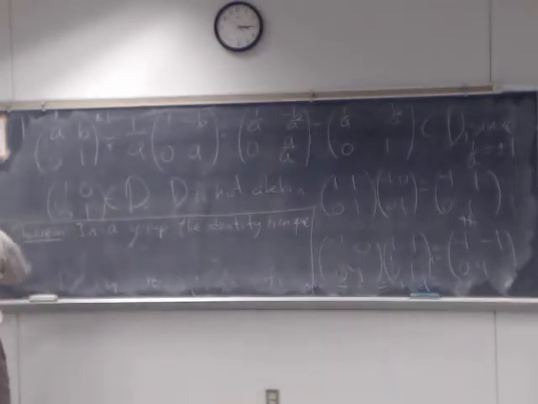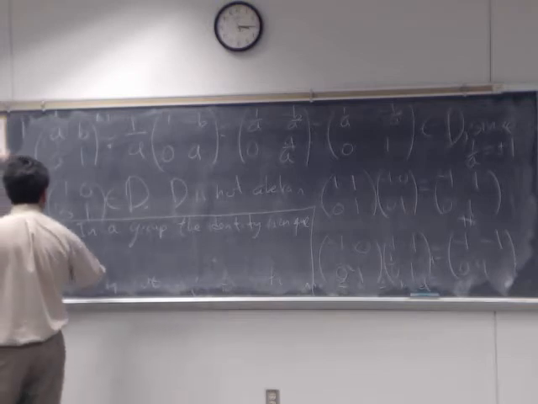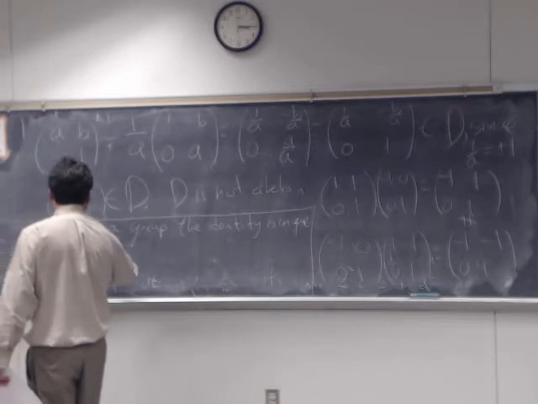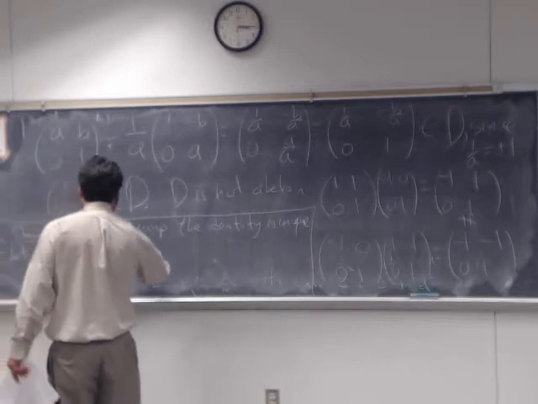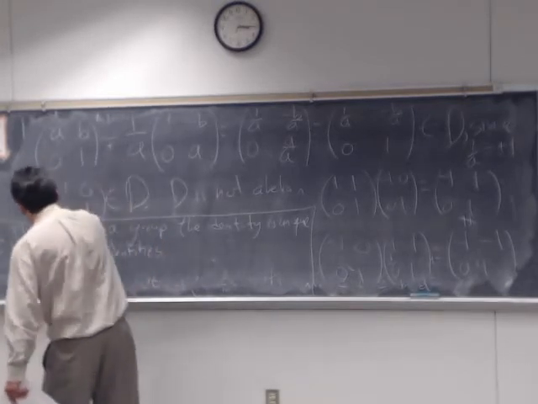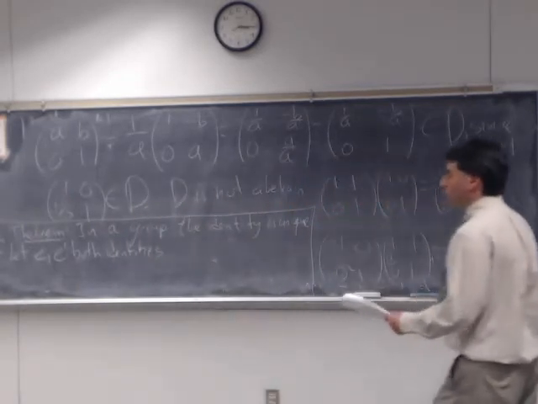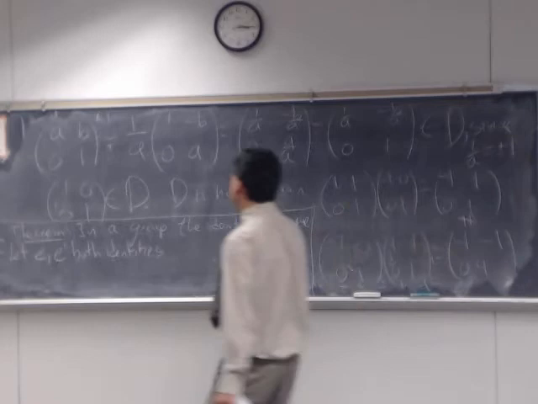So the proof: we let E and E prime both be identities. So there are two different identities. Then what do we have?